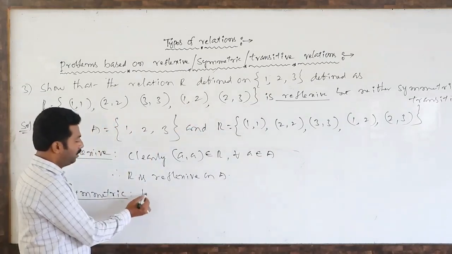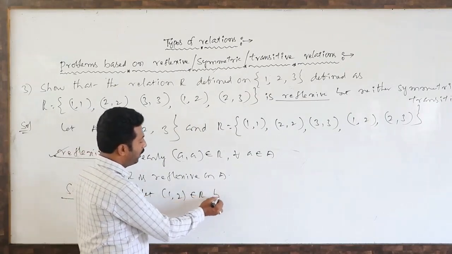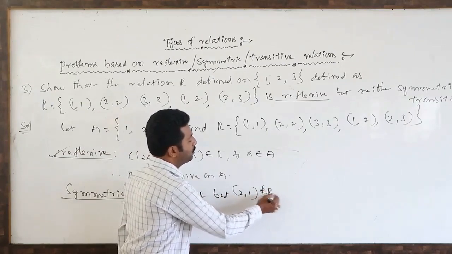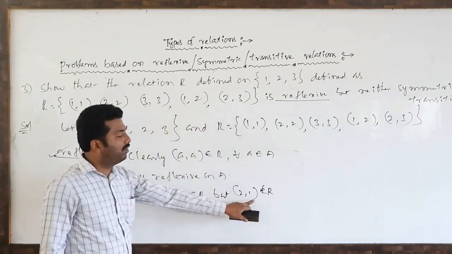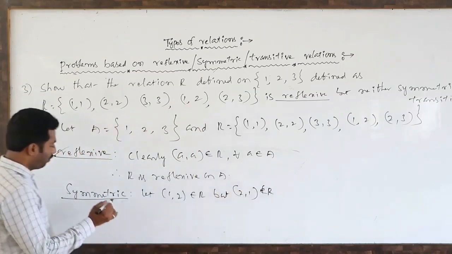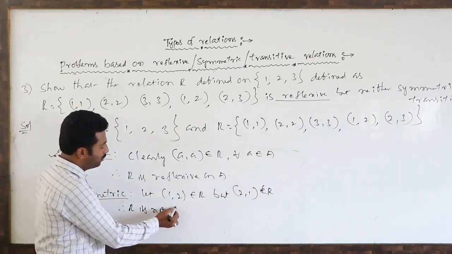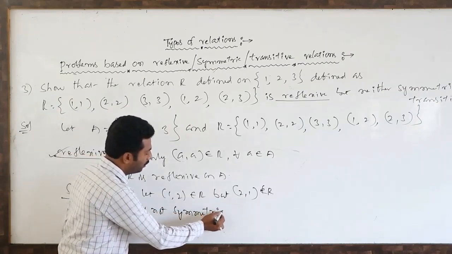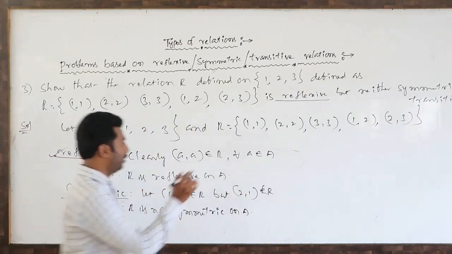See, let (1,2) belong to capital R, but (2,1) does not belong to capital R, because (1,2) is there, but (2,1) is not there. Therefore, capital R is not symmetric on the non-empty set capital A.